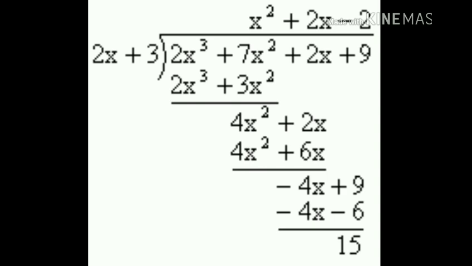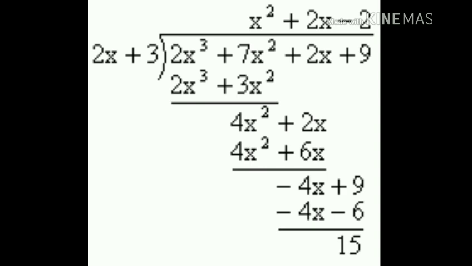After that, you multiply the x squared that you got a while ago to the divisor. So x squared times 2x plus 3. The product of that will be put below the first and the second term of the dividend, and you subtract. So it will become 2x cubed plus 7x squared minus 2x cubed plus 3x squared.